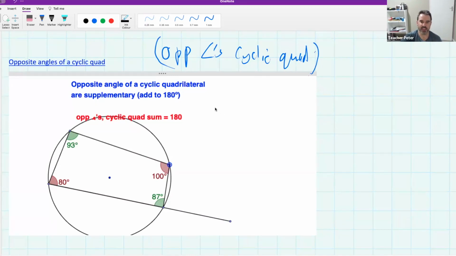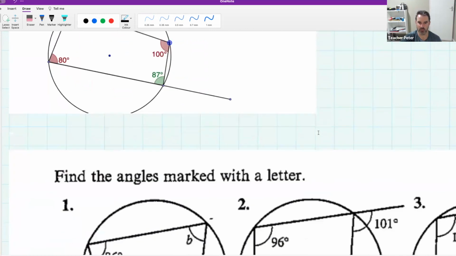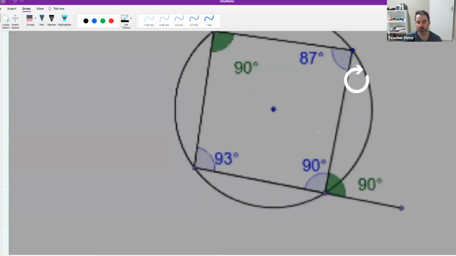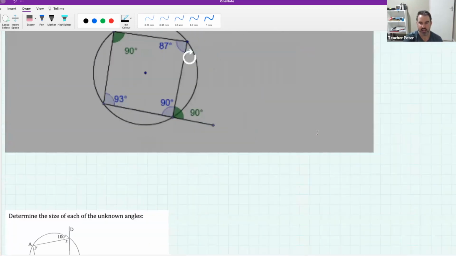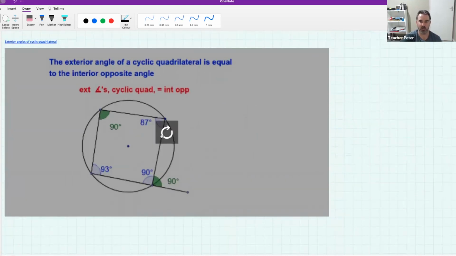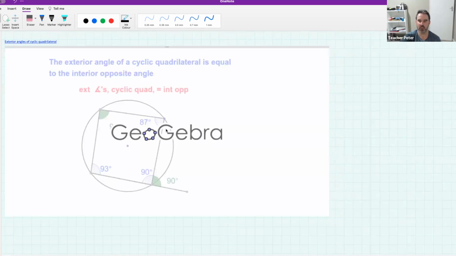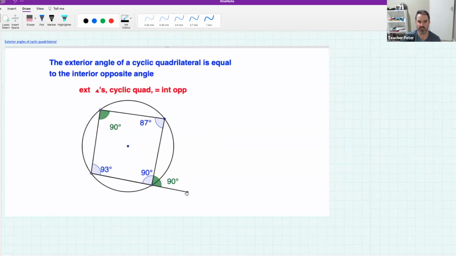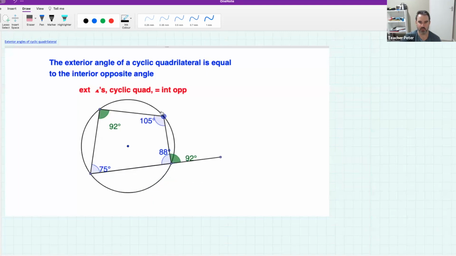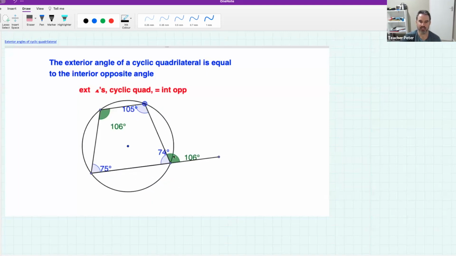And then the other theorem that deals with cyclic quads, that's okay, there's three of them. I'm going to do two of them tonight, is the exterior angle theorem. Right? So if we look at this one, you'll notice that I can move this point around. Let's even move this around. You'll notice that the two green ones, which are exterior angle and interior opposite, stay the same.